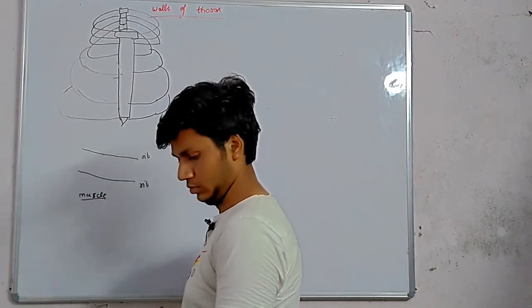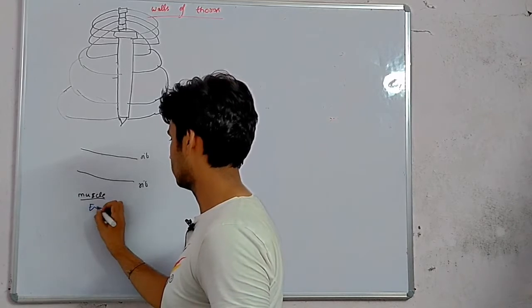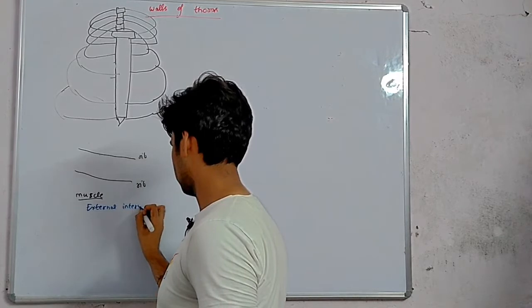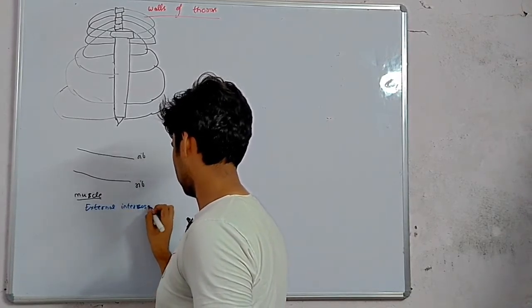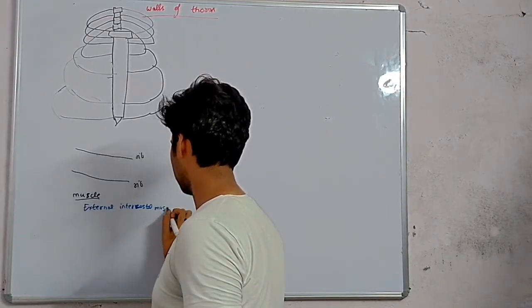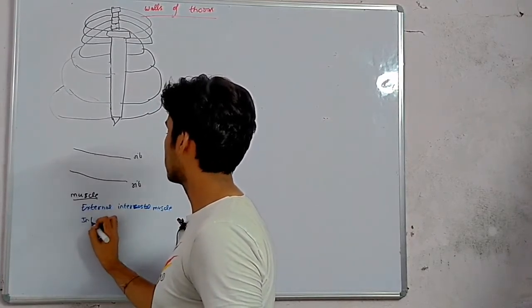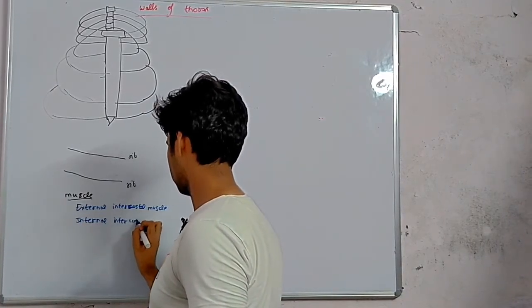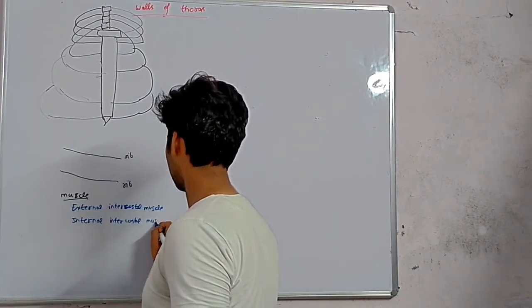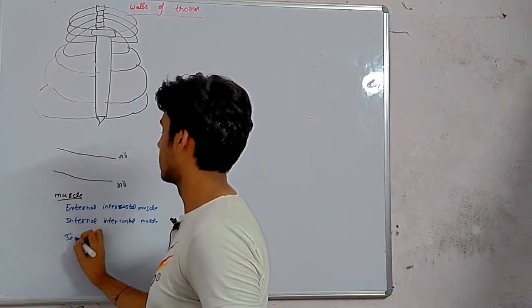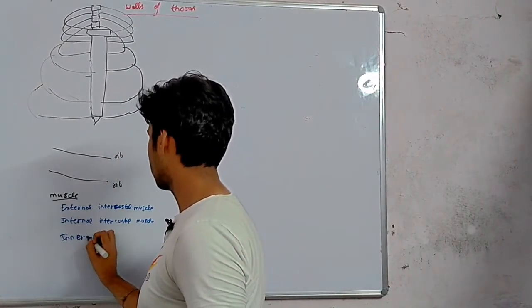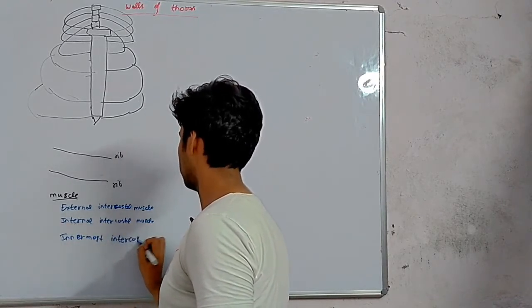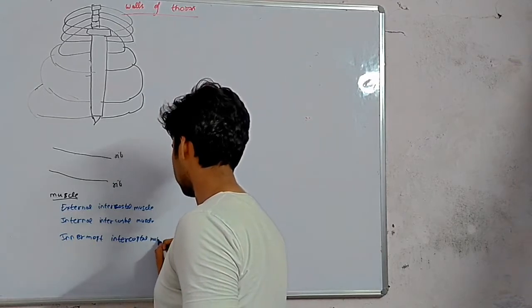First, external intercostal muscle, internal intercostal muscle and innermost intercostal muscle.